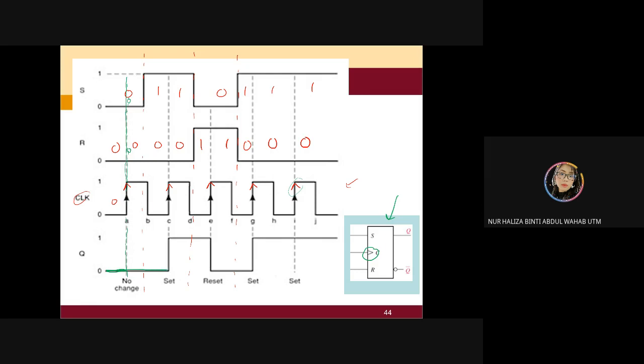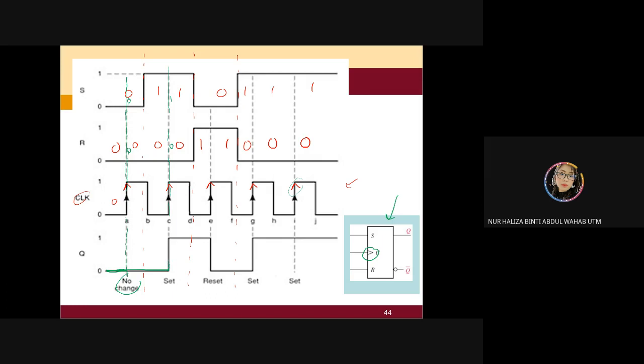So you just follow the previous one, which is no change, until you meet the next positive clock. At this part, my input is 1 and 0. 1 and 0, you're going to have a set or a 1.